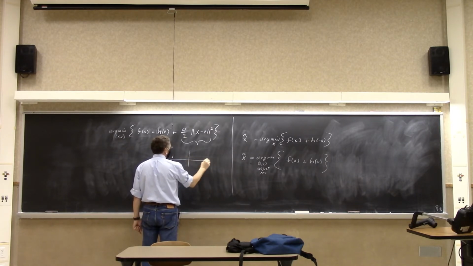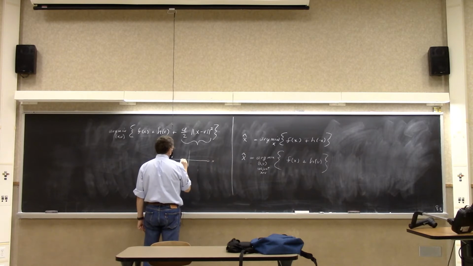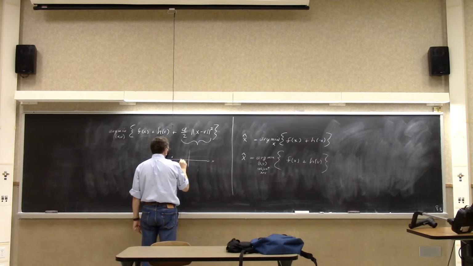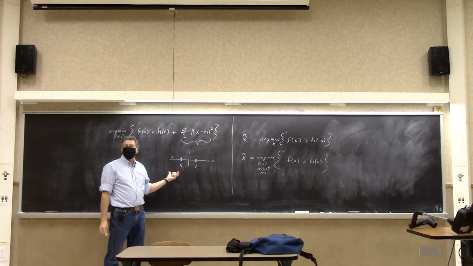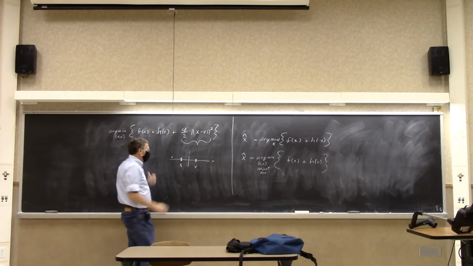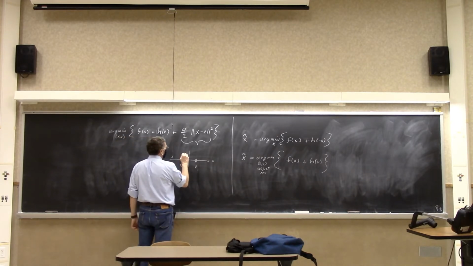We have some point, this is sort of the x-axis, so this is x, and this is v. If I do the optimization of x and v separately, they're each going to go to whatever their minimum is. But instead I say, I'm going to take a spring and connect them with a spring.